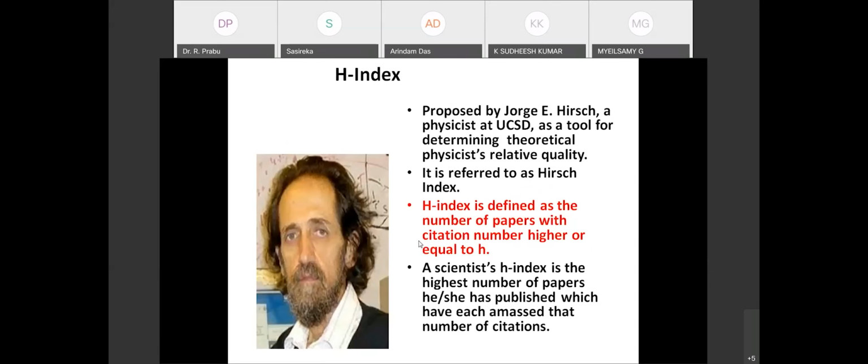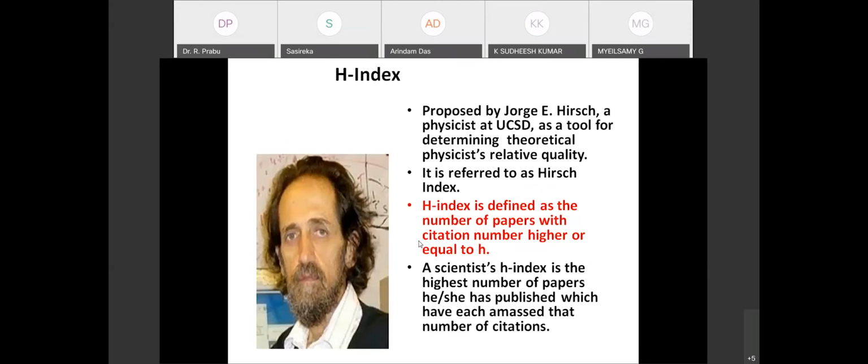Here we discuss the h-index. This was proposed by Jorge Hirsch, a physicist at UCSD, as a tool for determining theoretical physicists' relative quality. It is referred to as the Hirsch index. The h-index is defined as the number of papers with a citation number higher than or equal to h.